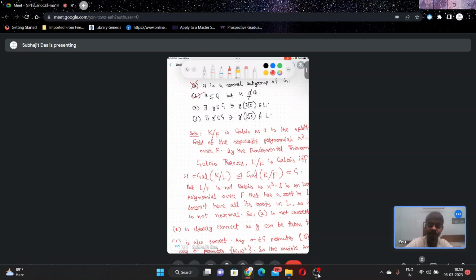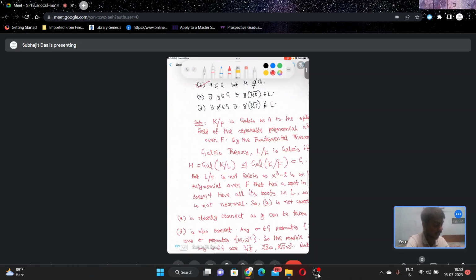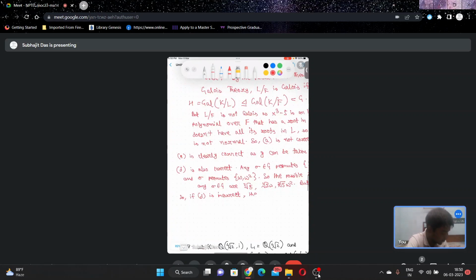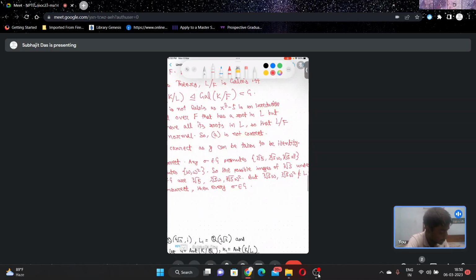Then, that is, if D is incorrect, then every sigma in the Galois group should map cube root of 5 onto cube root of 5, right?